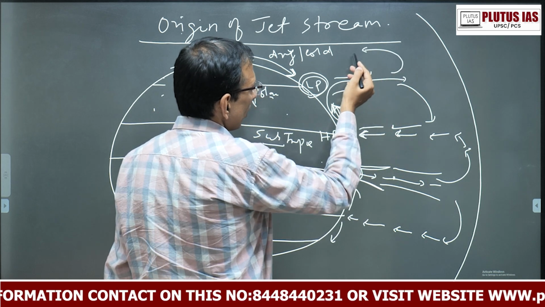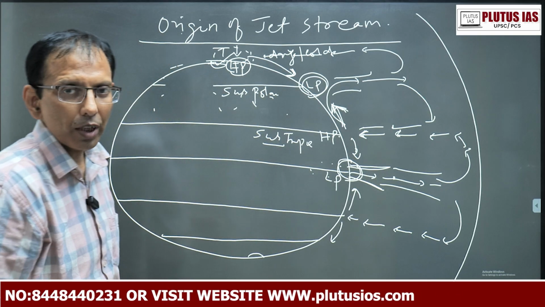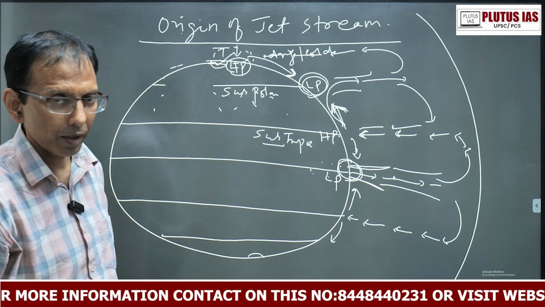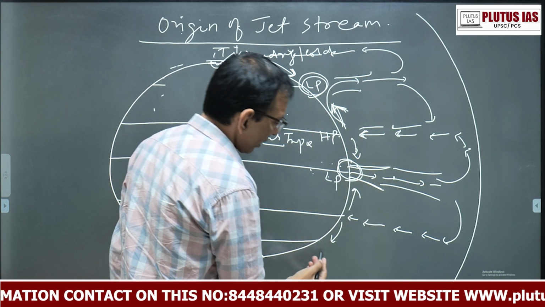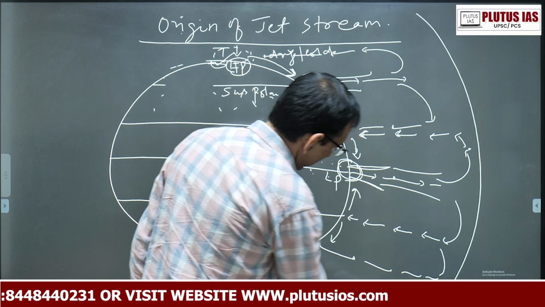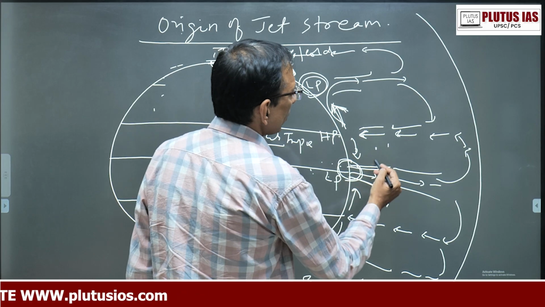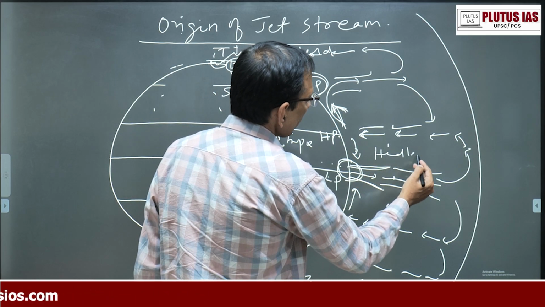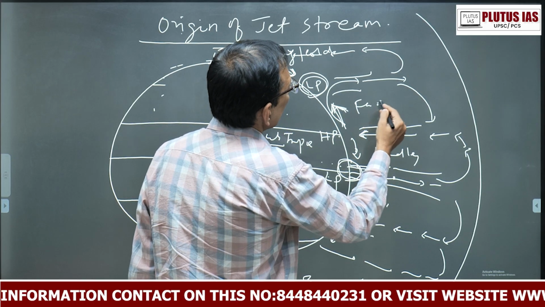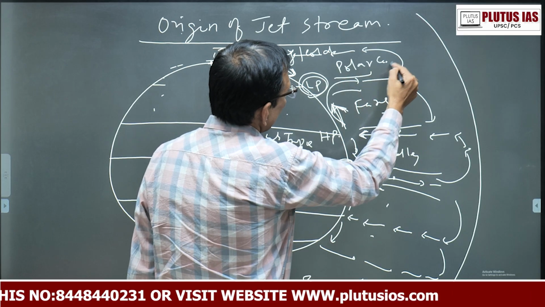Another branch is ultimately subsided at the polar region. As a result of that, such circular movements are developing, known as different cells. This is your Hadley cell, this is your Ferrel cell, and this one is the polar cell, right?